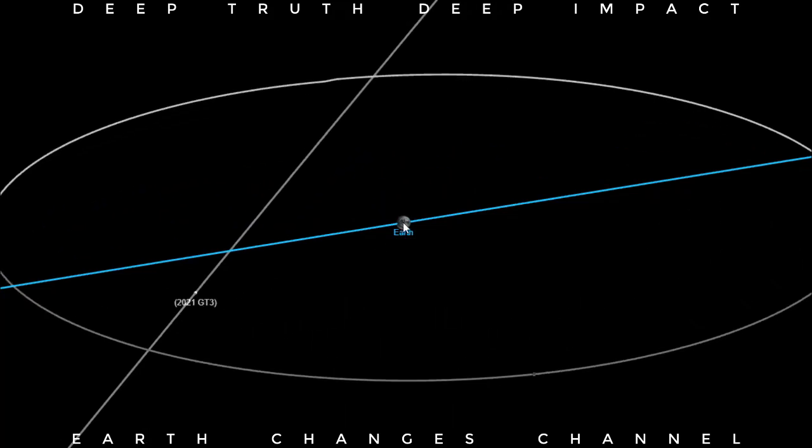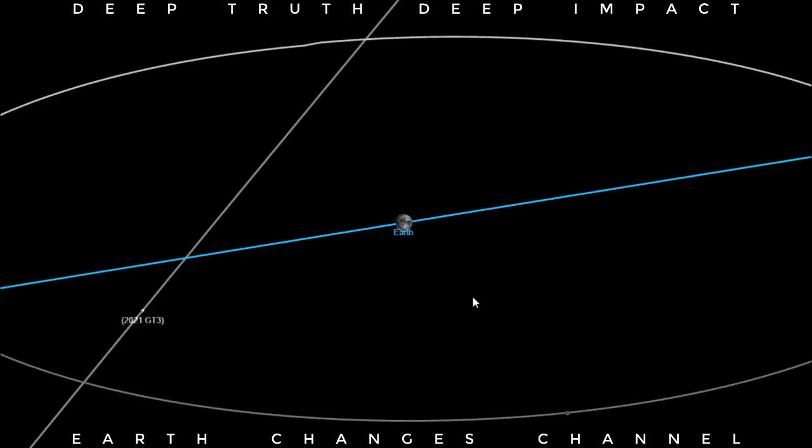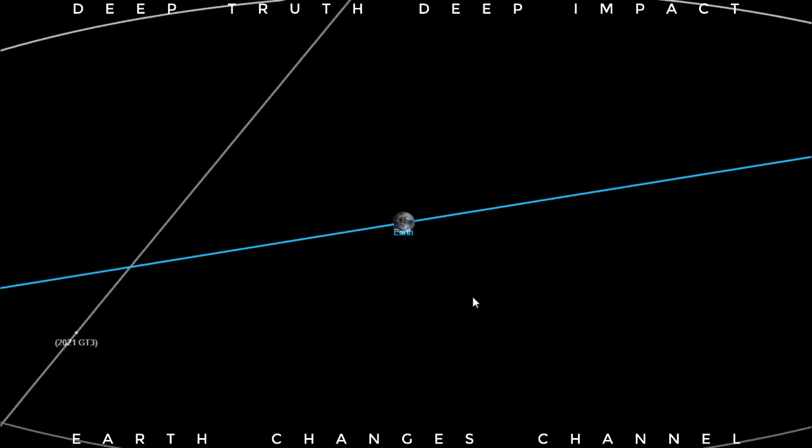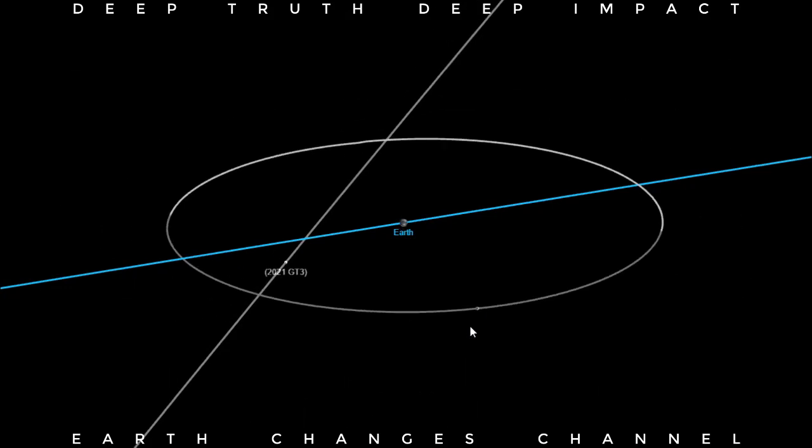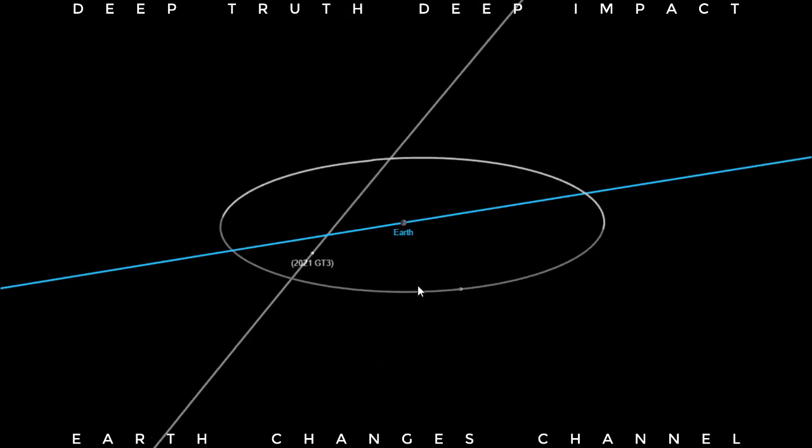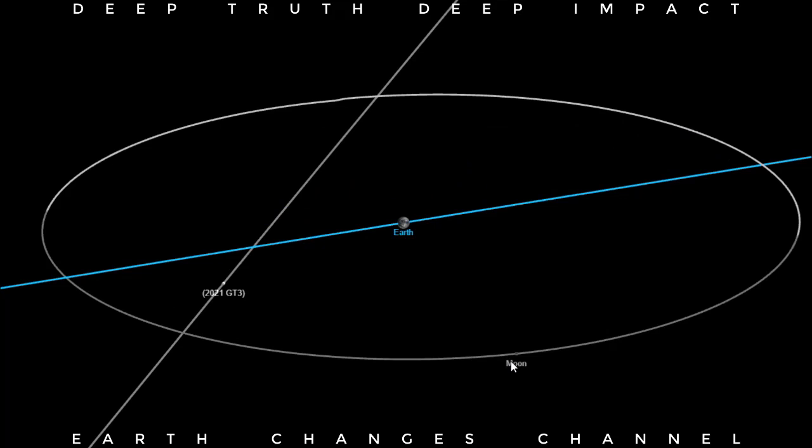There's our rock, planet Earth. I'm going to step it back. The moon is right here. And I'm going to change the angle to check on the debris field.